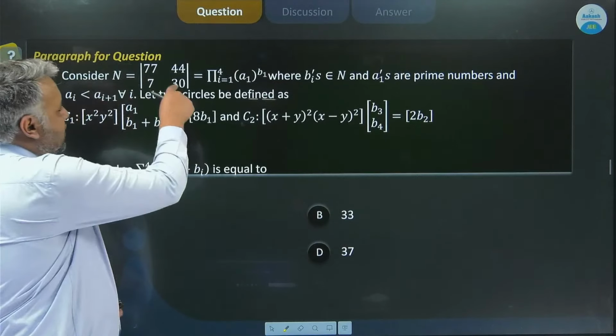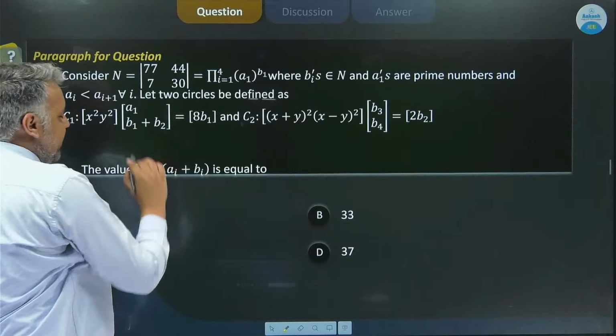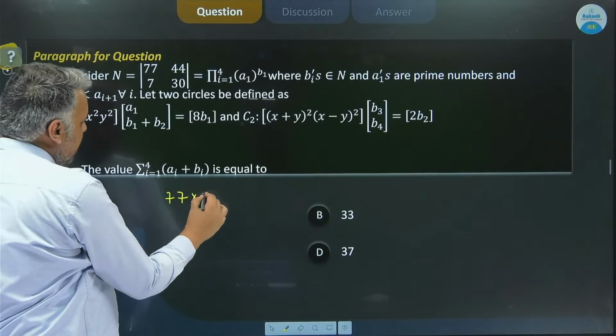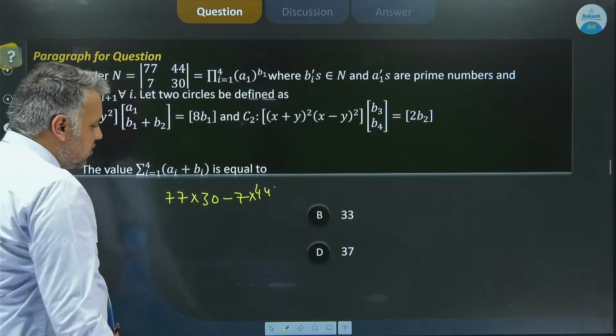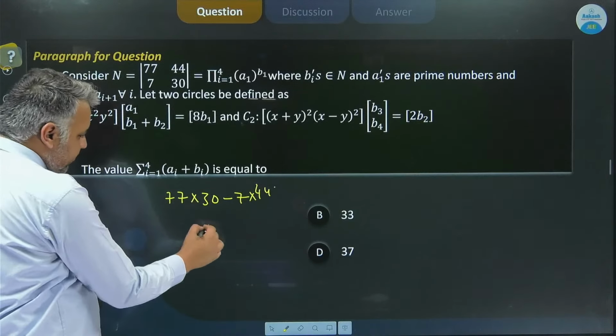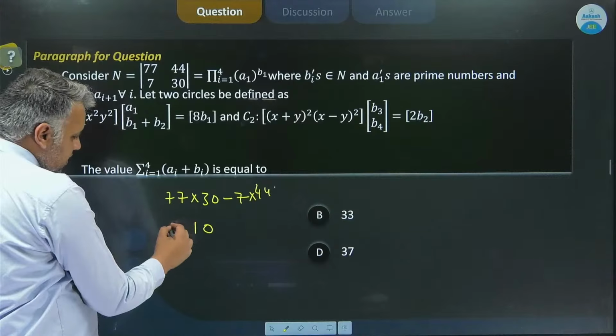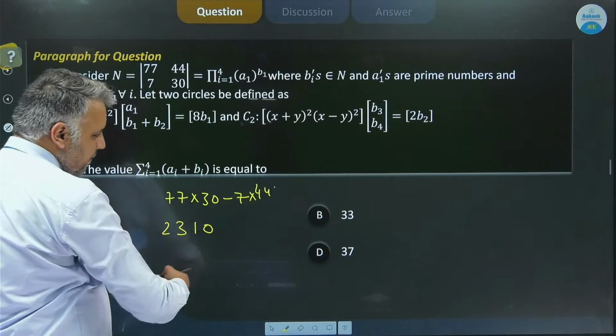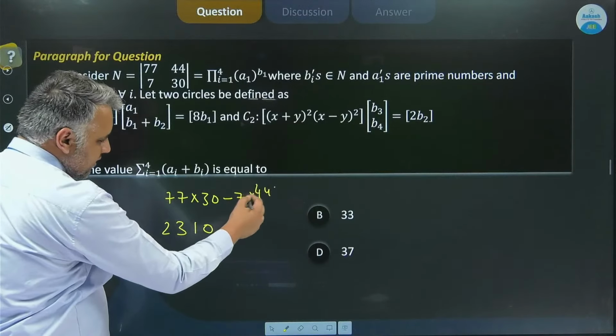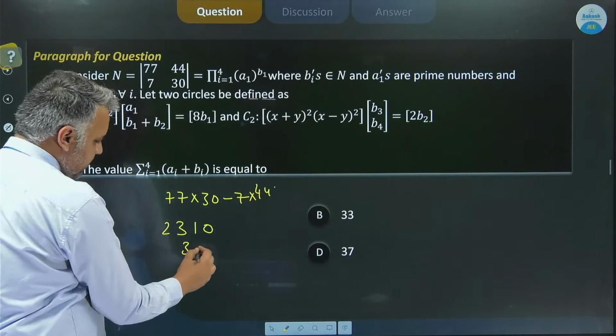So if we calculate this value, this will be 77 into 30 minus 7 into 44. So I think this will be 2310 minus, this is I think, 308.